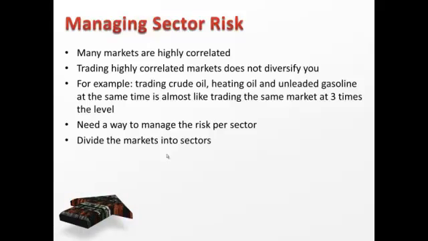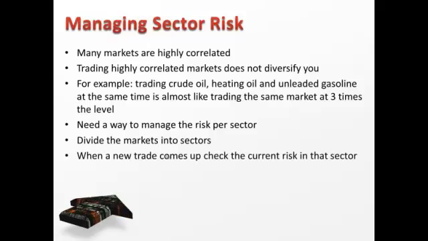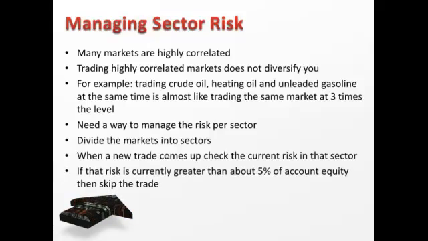And once they are divided into sectors, what you can do then is to sum up the risk in your open trades in a given sector. So let's say we look at the energies again, and we realize that we're in crude oil and we're in unleaded gasoline, and we sum the risk of those up, and the risk in that is, let's say, 5% between the two, and then we get a new trade signal to get into heating oil.